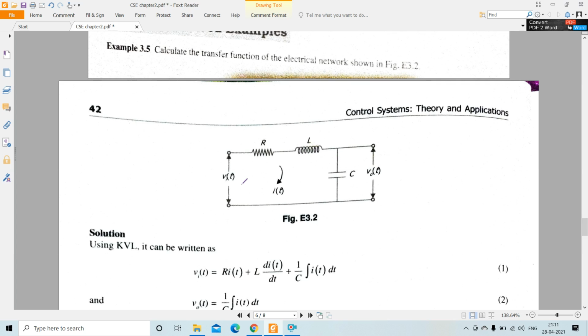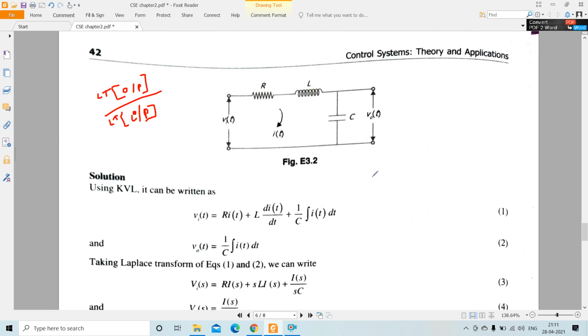Transfer function means, as you already studied, the Laplace transform of the output signal to the Laplace transform of the input. This gives you the transfer function. Here our input is vi(t), output is v0(t). So let's check the transfer function first.